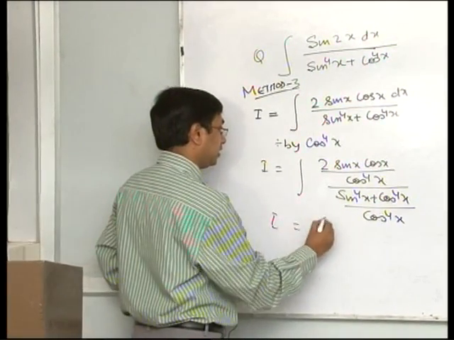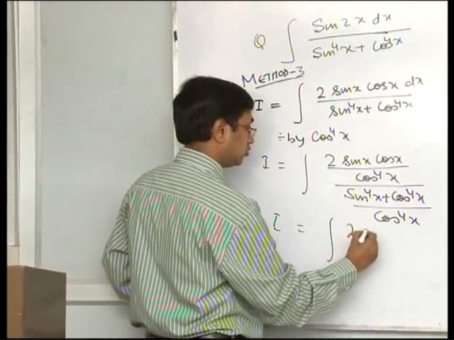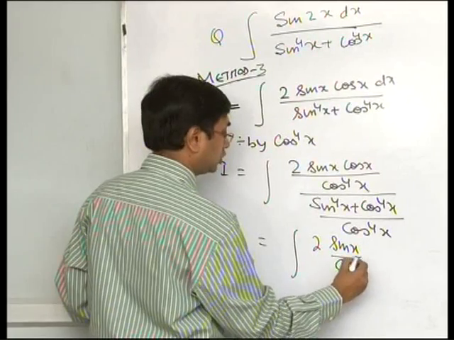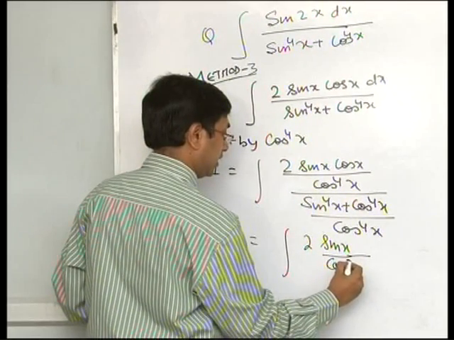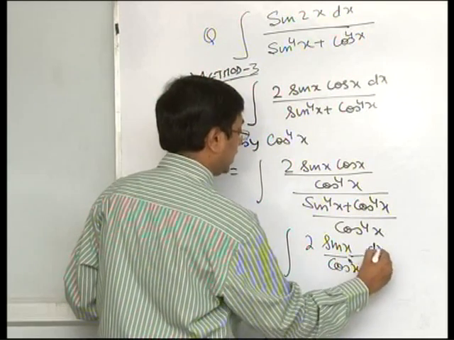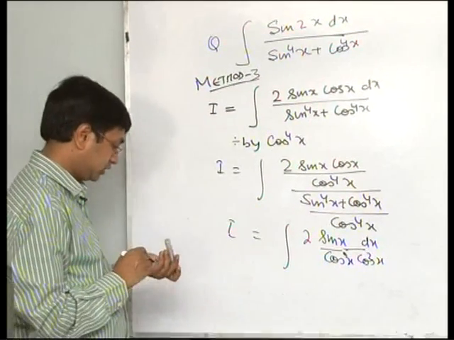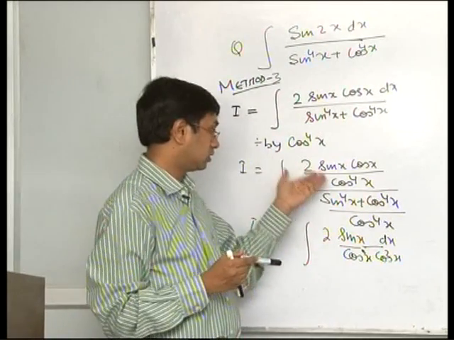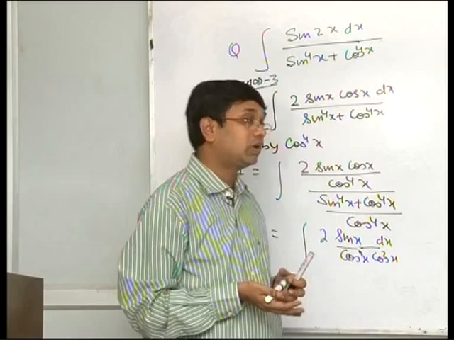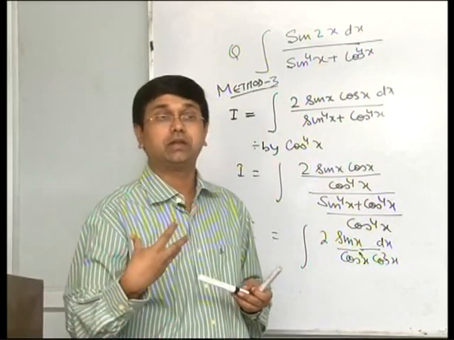Now you can see that one cos gets cancelled, so 2 sin x upon cos cube x, which I am writing like this. Why am I writing like this? Whenever we divide by cos, we usually get tan in the denominator, and then we should have sec square so that we can put tan x equal to t.